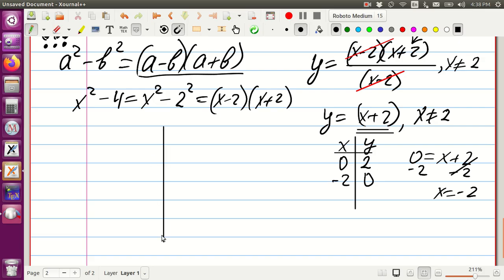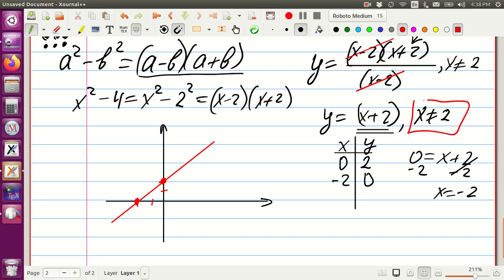So finally, we can make a sketch of this line. The y-intercept is at 2: 1, 2, so it's over here. The x-intercept is at negative 2: negative 1, negative 2. So we draw a line going through these 2 points, and we think we're done, except what happens here?